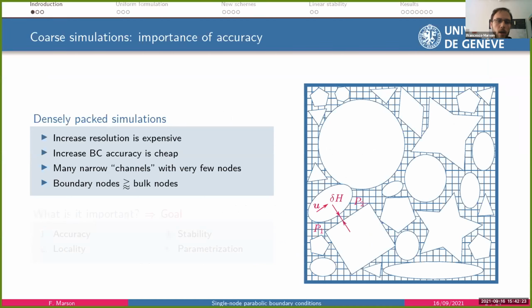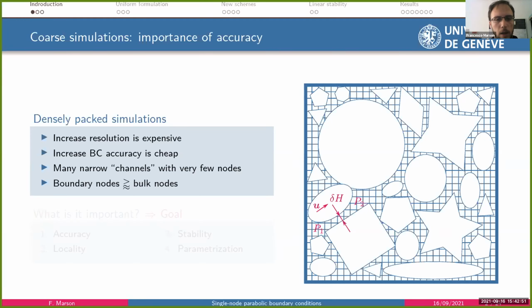To begin with, I would like to consider this showcase on the right-hand side, where we have a very densely packed simulation of, for instance, a porous media application or a suspension flow. In this kind of simulation, increasing the resolution is very expensive, so it's much more convenient to increase the accuracy of the boundary condition.